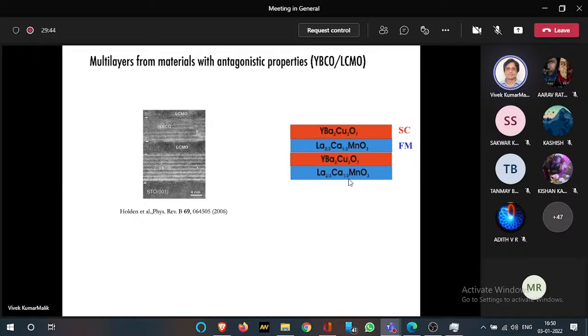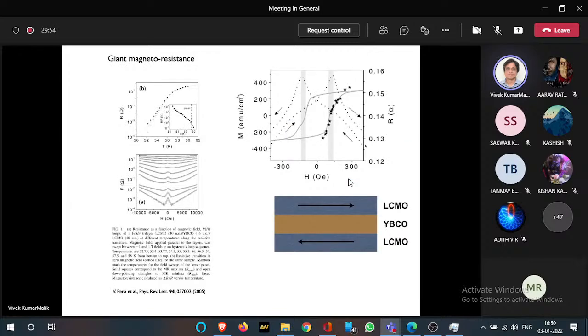So you can grow these layers artificially, YBCO, LCMO, and so on, superconducting and ferromagnetic. Then you can try to see what happens in this case. There are different kinds of phenomena which could be observed in this system. We can observe a large magnetoresistance, a kind of giant magnetoresistance, when it goes into the superconducting state. This is observed in a tri-layer, not a multi-layer, where you start with LCMO, YBCO, and LCMO.